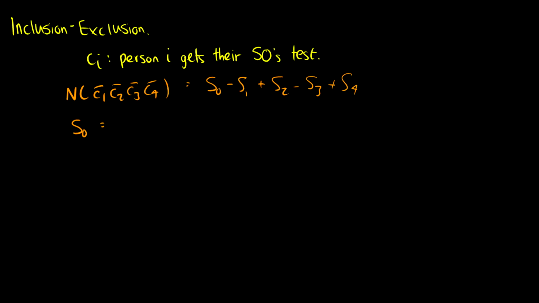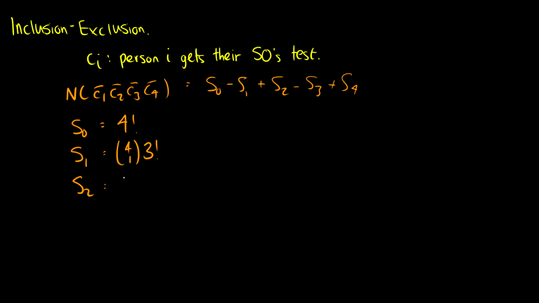S0 is just 4 factorial arrangements, since it doesn't matter what order we give them out in. For S1, we're going to choose one TA to get their significant other's test, and then the remaining 3 we'll give any random permutation.